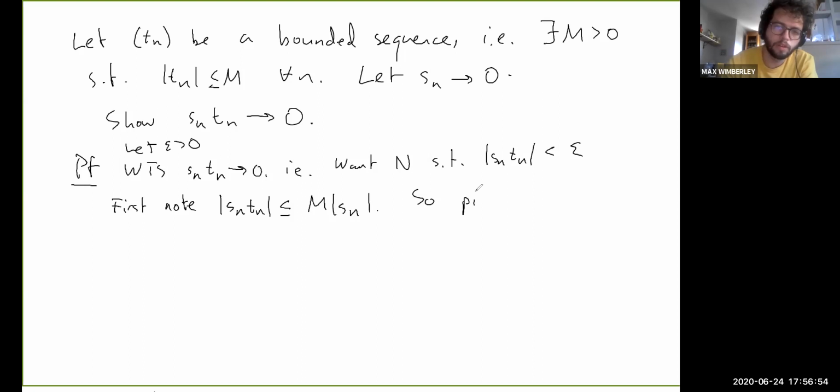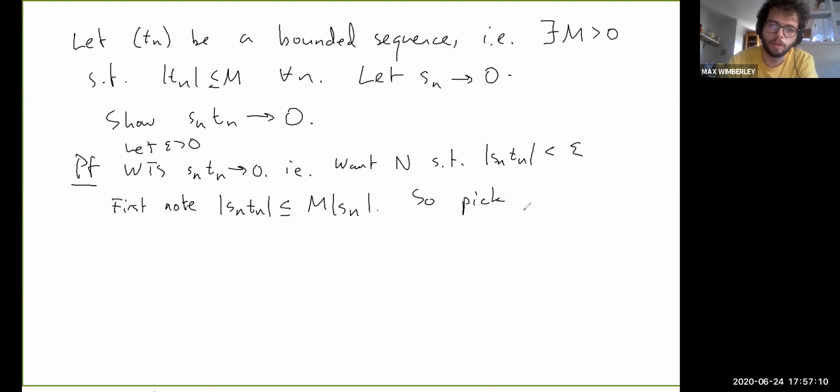So now we just want to get this to be less than epsilon, which would be the same thing as trying to make the absolute value of Sn be less than epsilon over m.